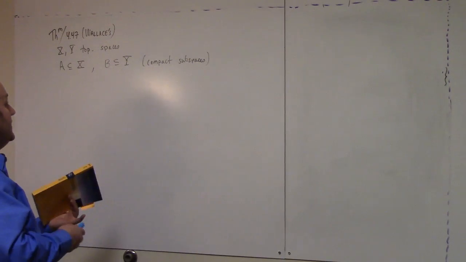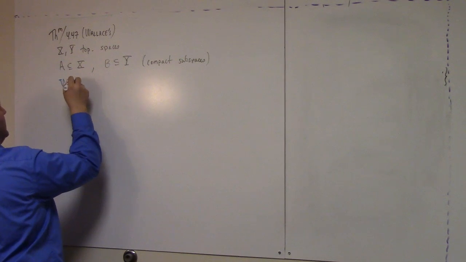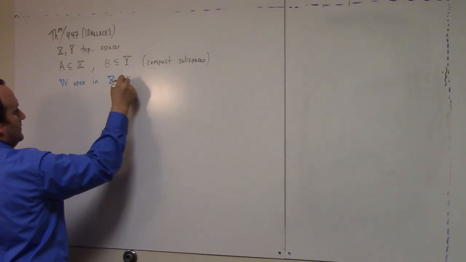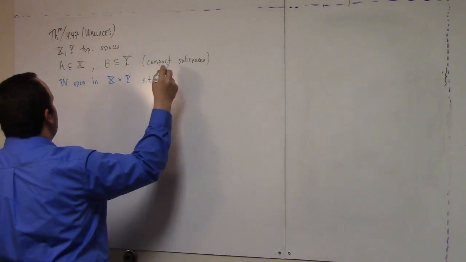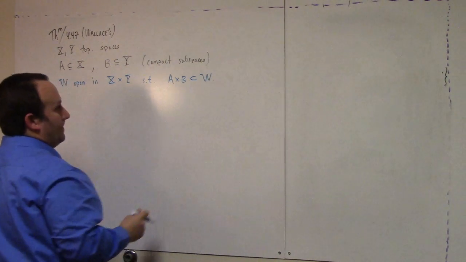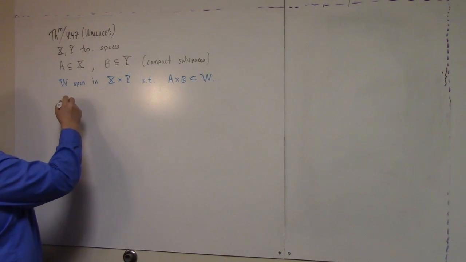All right, I digress. So you've got this A and B, and then you've also got W open in the product topology such that the Cartesian product A cross B is a subset of W. Then there exist open sets U and V in X and Y respectively, such that U contains A, V contains B, and U cross V is a subset of W. So this is all the if.